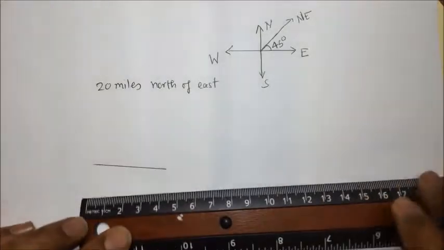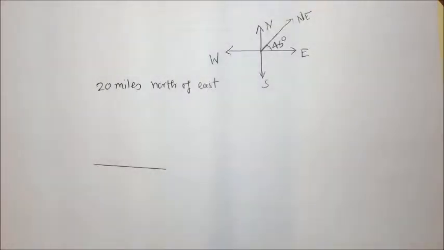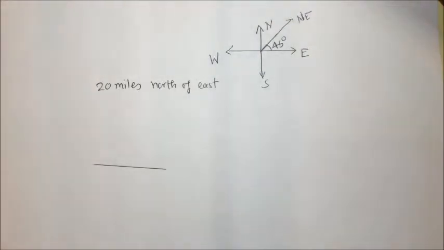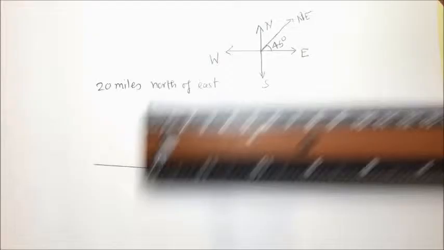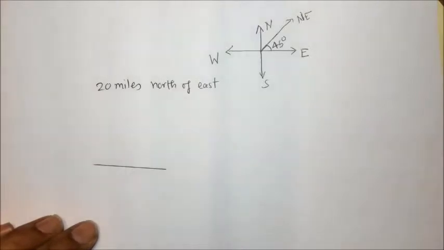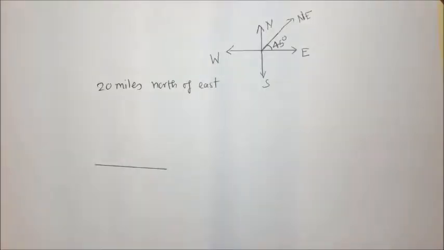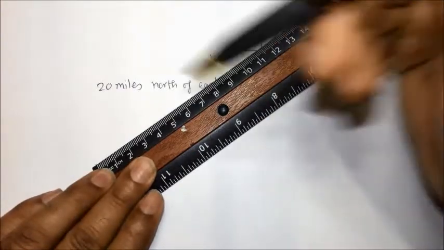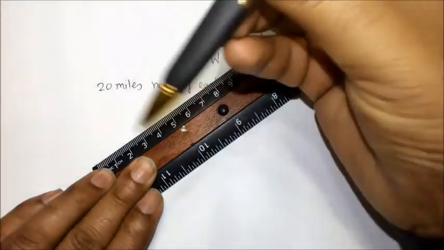So how big should this vector be? You have to choose a scale. Suppose I choose 5 miles as 1 centimeter. So how many centimeters do I have to make? I have to take a protractor and measure this angle, 45 degrees, and then draw a vector like this.